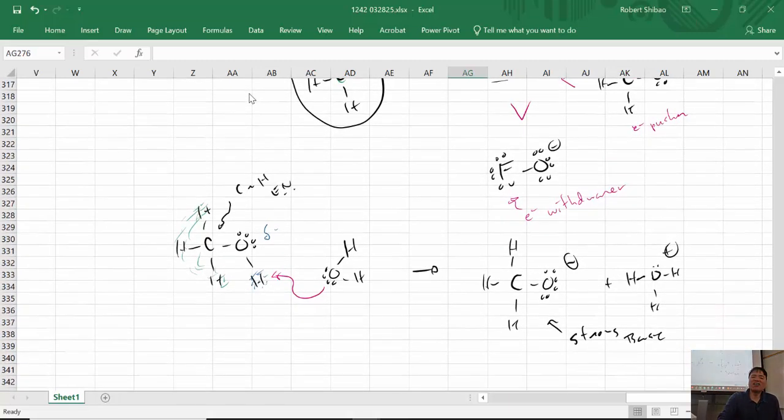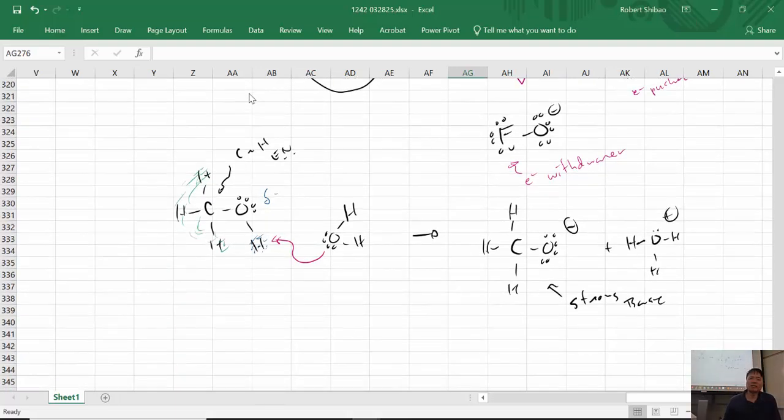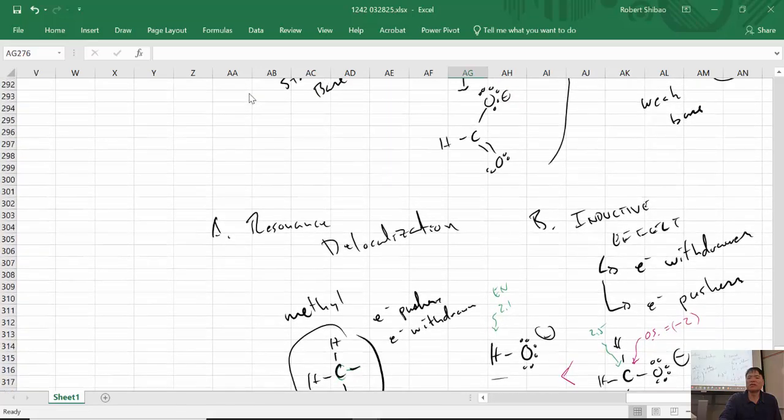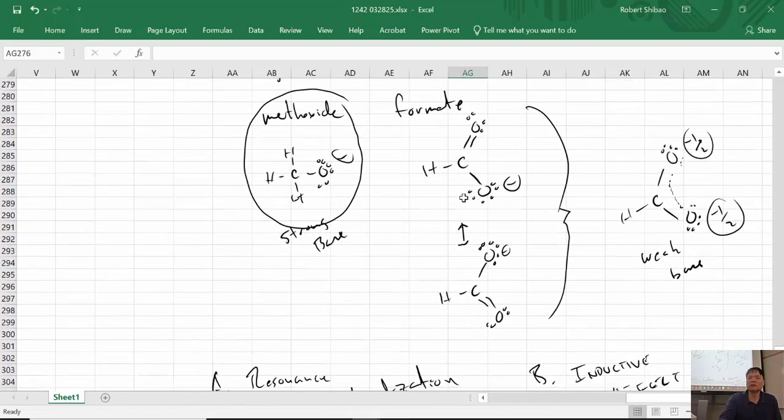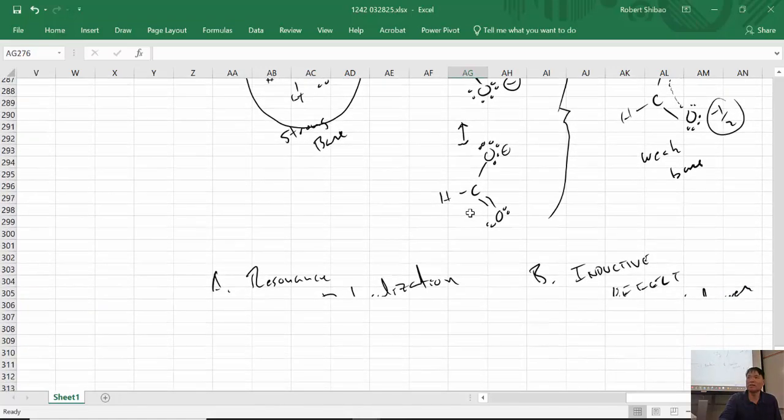And so in general, alcohols aren't very good acids because they end up forming really strong bases. Whereas carboxylic acids are good, because you can have resonance delocalization. Carboxylic acid is no problem. That's going to form a much more stable base.